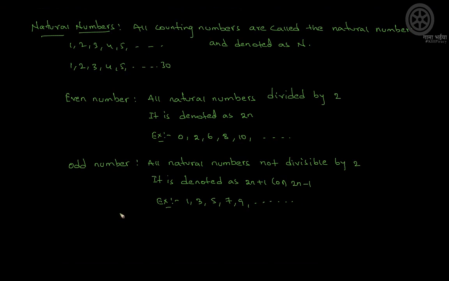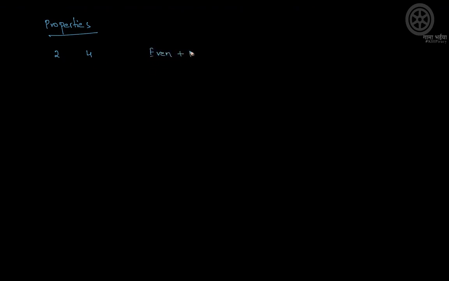Now we see some properties of even numbers and odd numbers. If you take two numbers, say 2 and 4, this is an even number, this is an even number, right? So if I add two even numbers, what result do I get? 2 plus 4 equals 6.